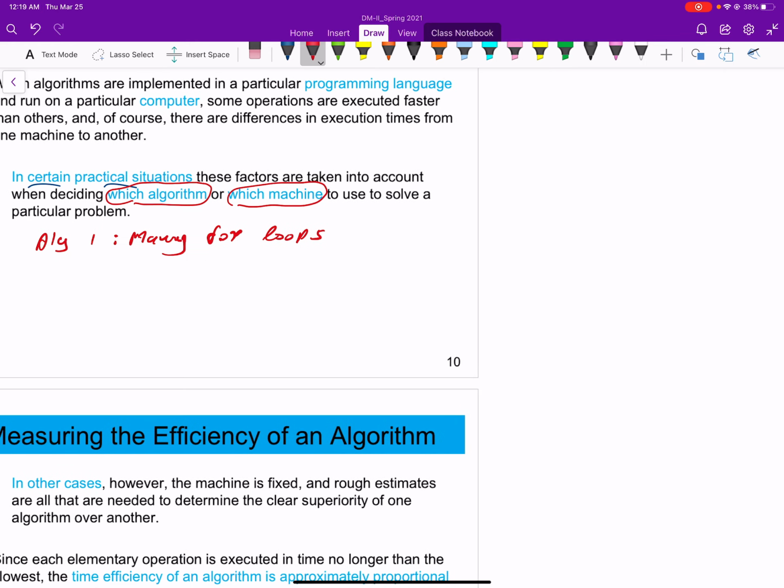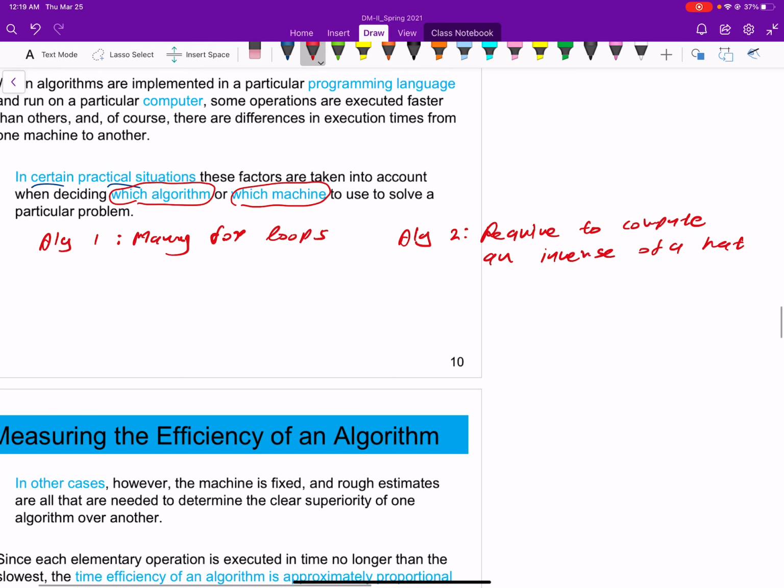And you have algorithm 2, which requires computing the inverse of a matrix. You have to compute the inverse of a matrix.